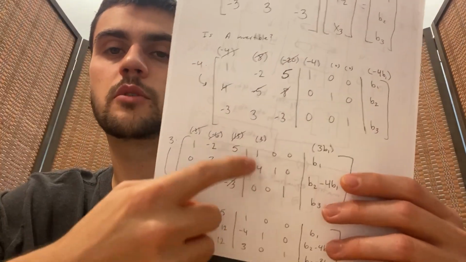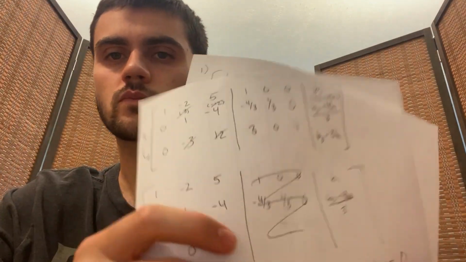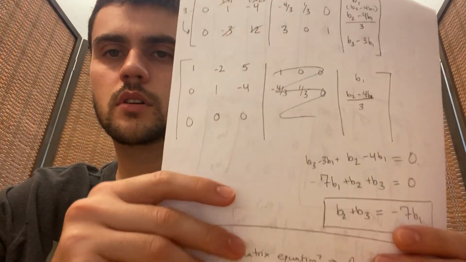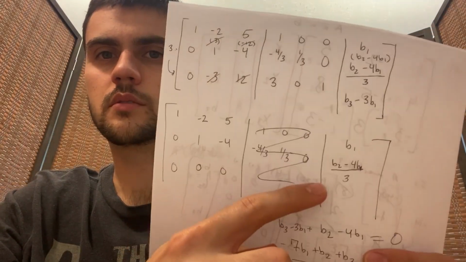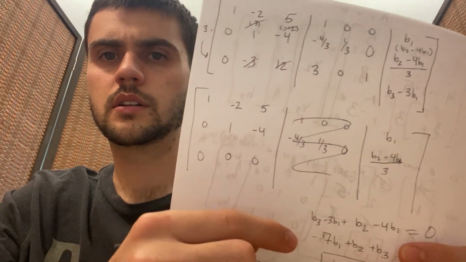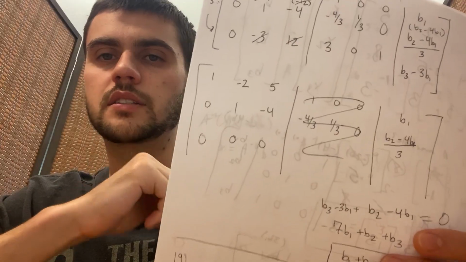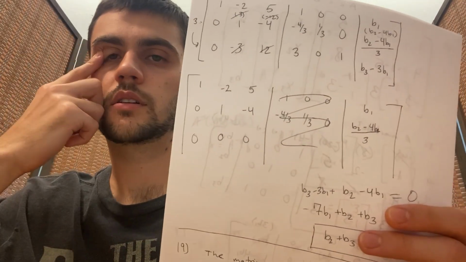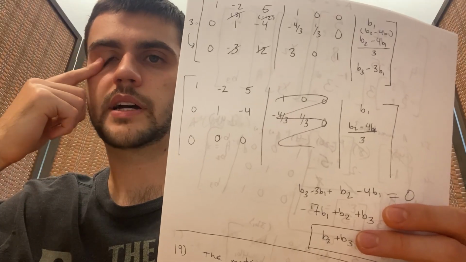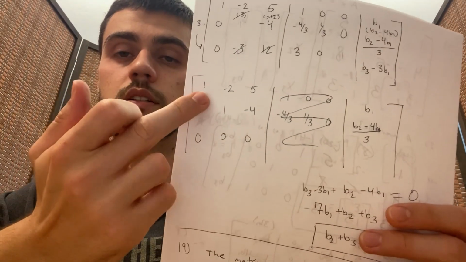So eventually we get to it being non-invertible because this whole row is zeros, and if A were invertible, then it would be the identity matrix by the equivalence theorem.